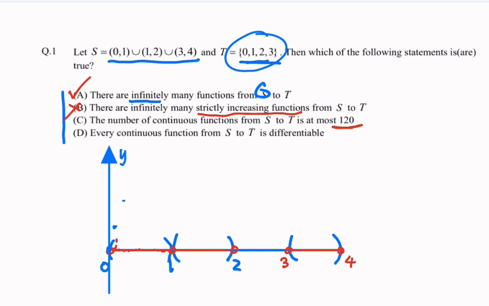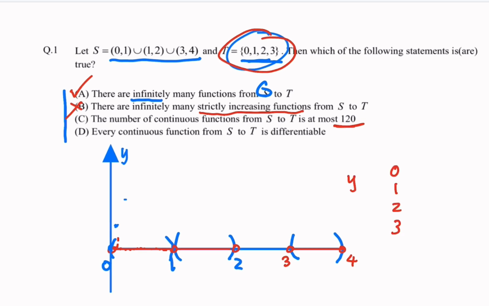Now, in order for the function to be continuous, we claim that for each segment here, since T is discrete, there should not be any jump. So everything must be a constant, and the constant has to be one of the 4 choices here.